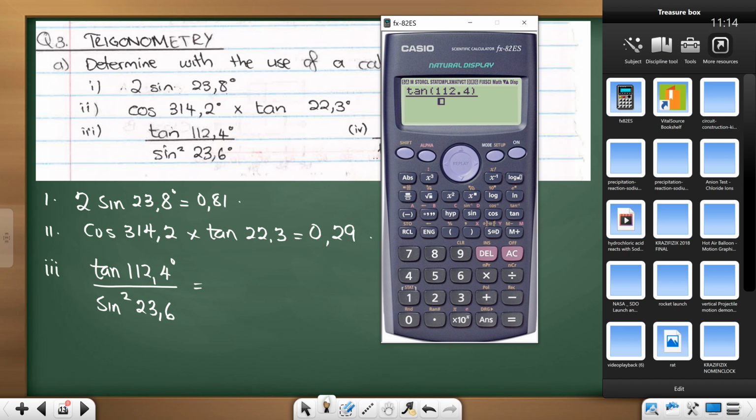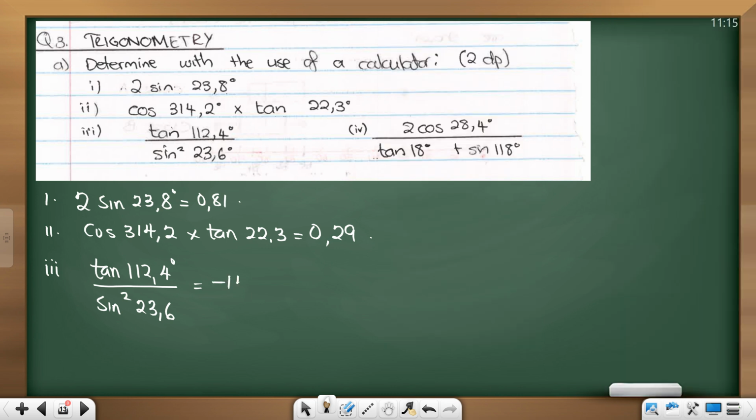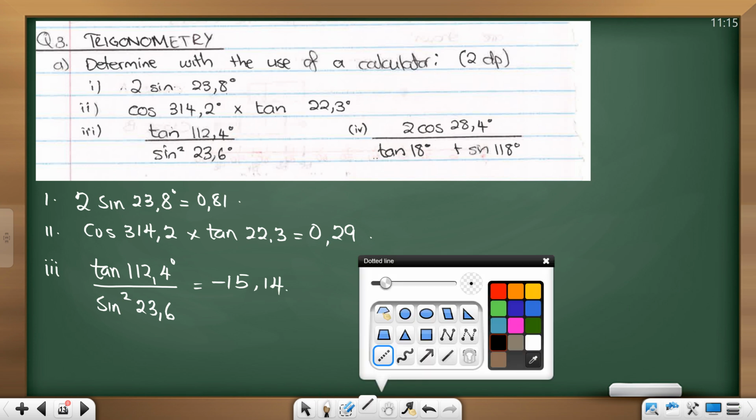Sine. There's a squared there, right? So you press 23,6 first, and then you put your square. Answer? Comma 14. You call the numbers after the decimal as digits.